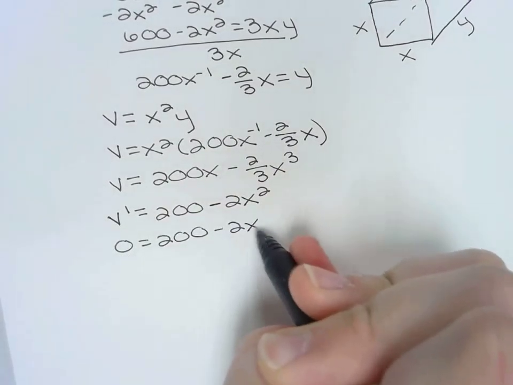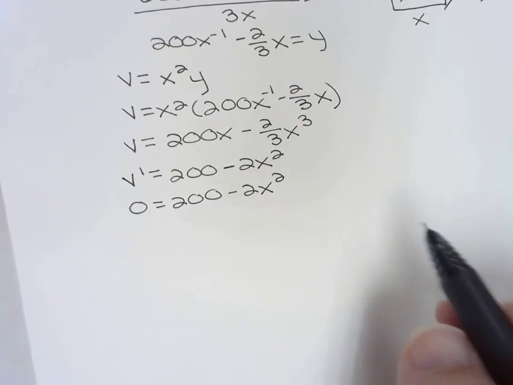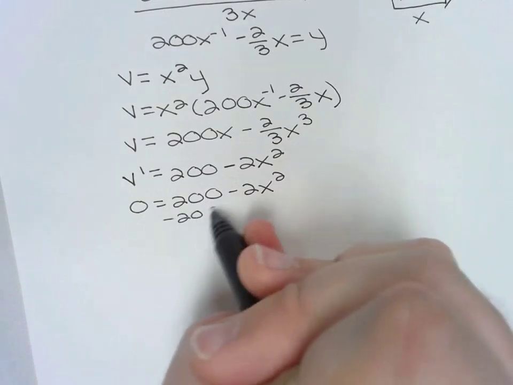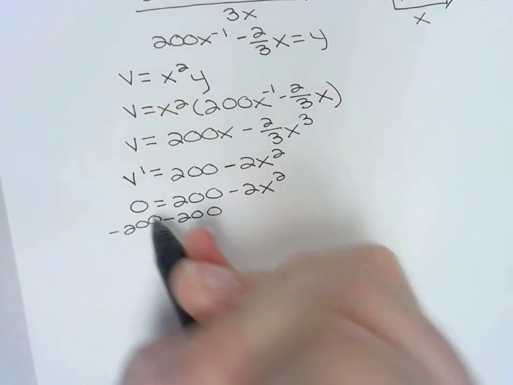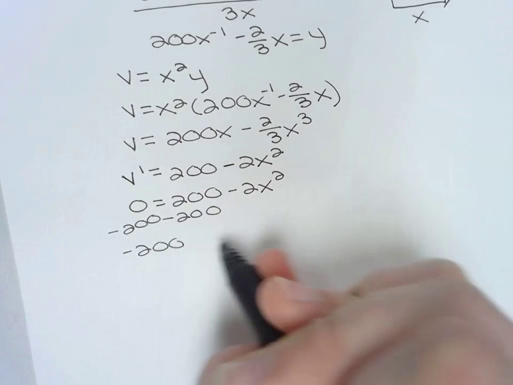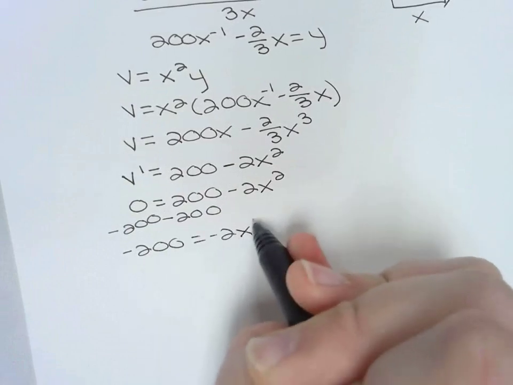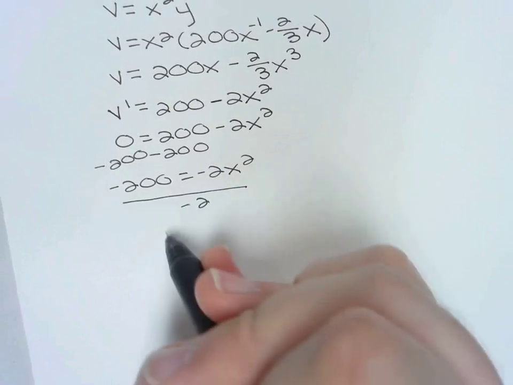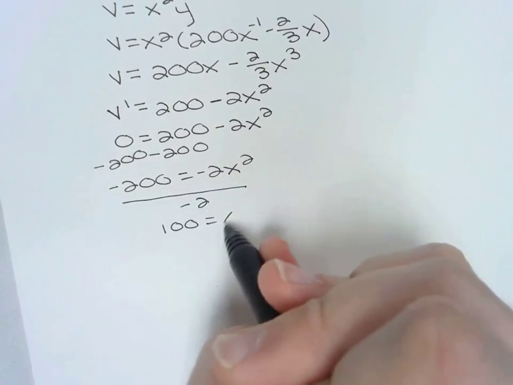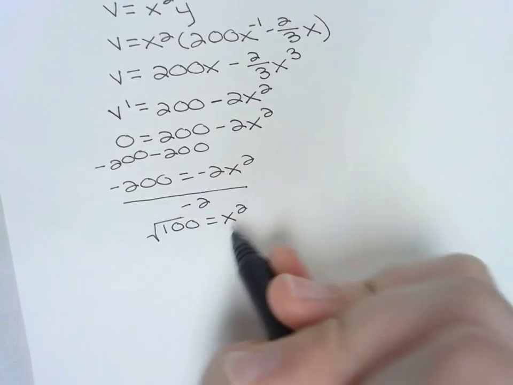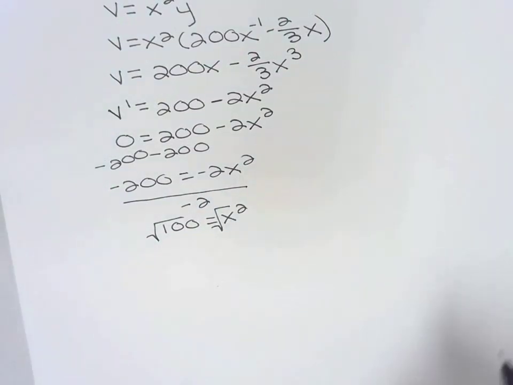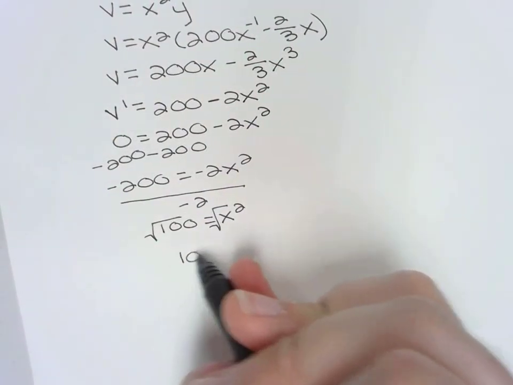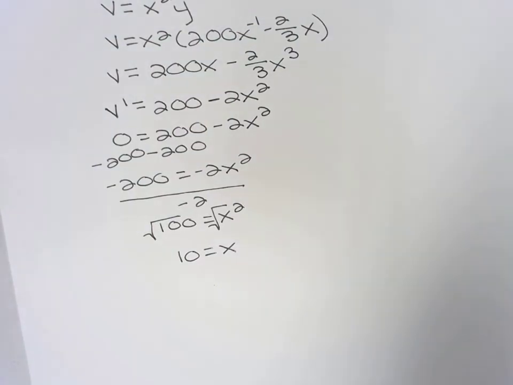Solve this for x. And we get x to be 10. So 100 equals x squared, square root, technically plus or minus, but x represents the side length, so I cannot have a negative. So I get x to be 10.